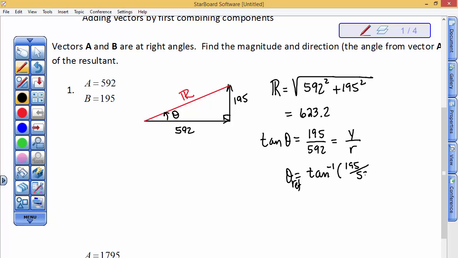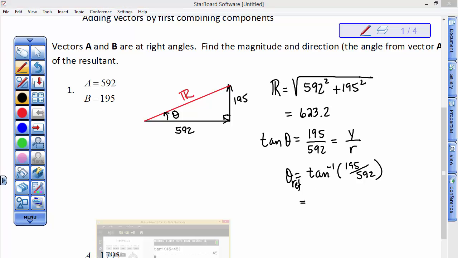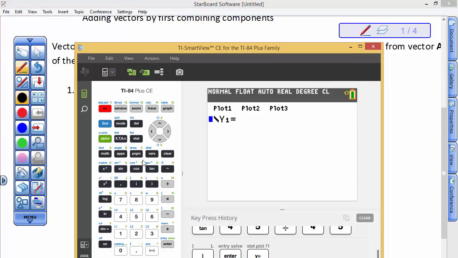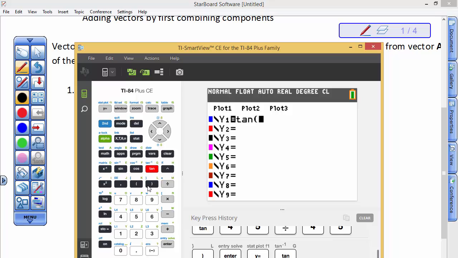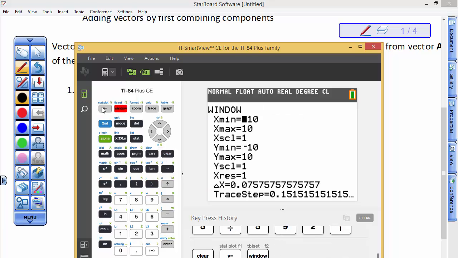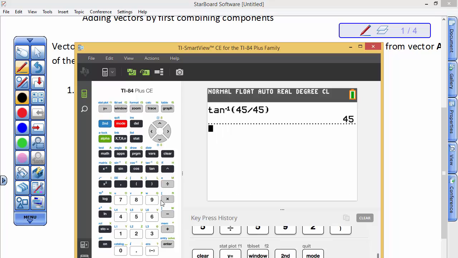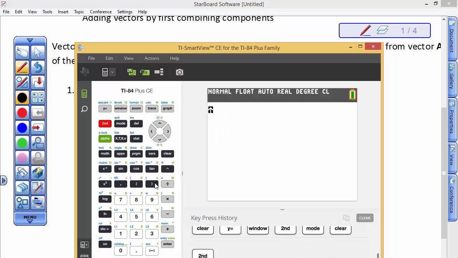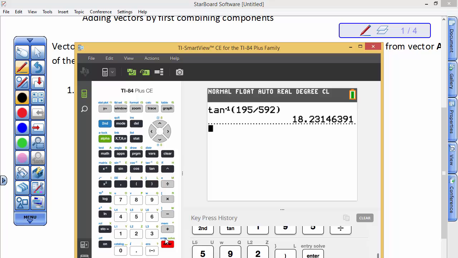Make sure your calculator's in the degree mode. I'll just go ahead and do this really quickly. Second tan of 195 divided by 592, and that will give me the 18-degree angle.